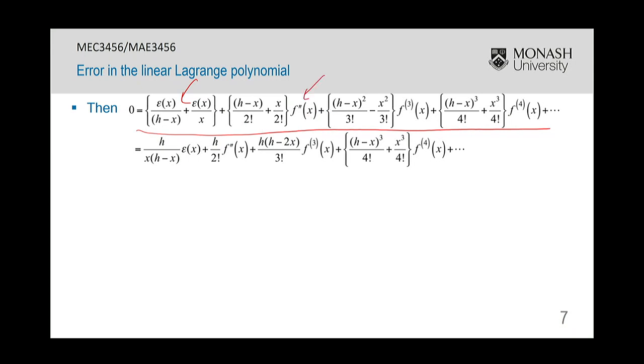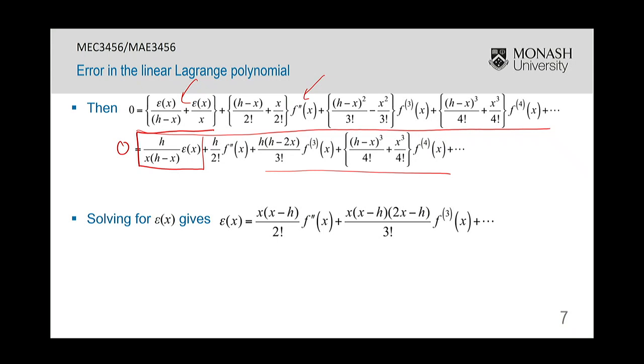We've got a sum of these two error terms plus some second derivative terms. I'm not going to go through the details of deriving this, but it's pretty easy to show that the first term involving the error is equal to h divided by x times h minus x times the error term plus h on 2 times the second derivative of x plus some higher order terms. And that, of course, as we've already seen, is equal to 0.